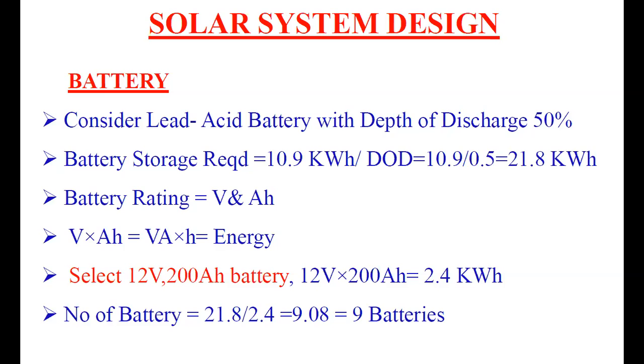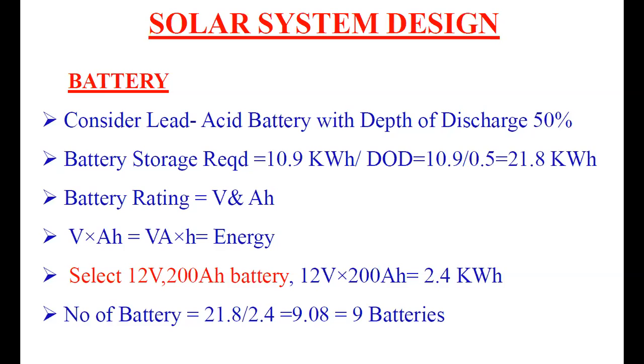The energy of one battery will be 12 volt into 200 Ah, that is 2.4 kWh. Our battery storage required is 21.8 kWh, and we are selecting batteries of 2.4 kWh. So the number of batteries required will be 21.8 kWh divided by 2.4 kWh, that is 9.08, so we can use 9 batteries of rating 12 volt, 200 ampere hour.